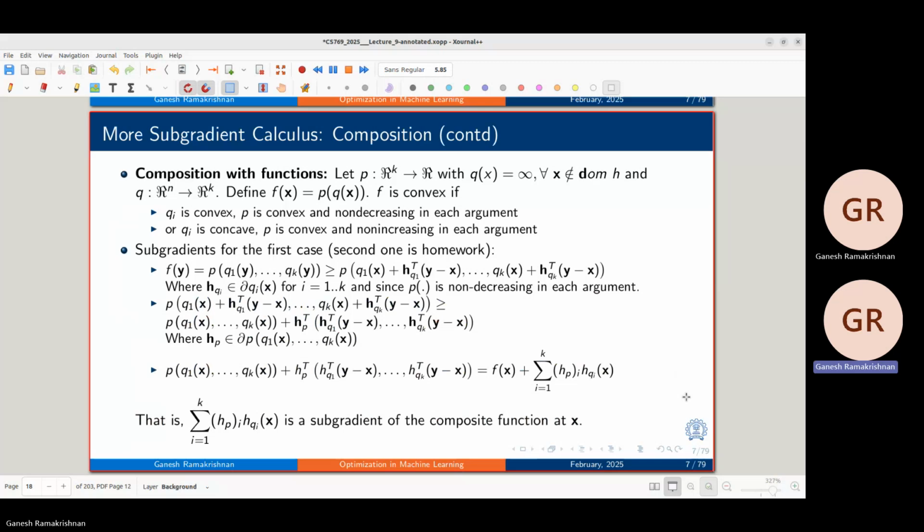So eventually you'll get the same expression. The proof is very similar. So you can clearly see from this differential derivation why non-increasing goes well with concavity, while non-decreasing goes well with convexity.